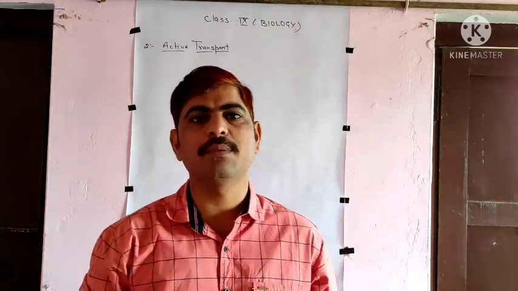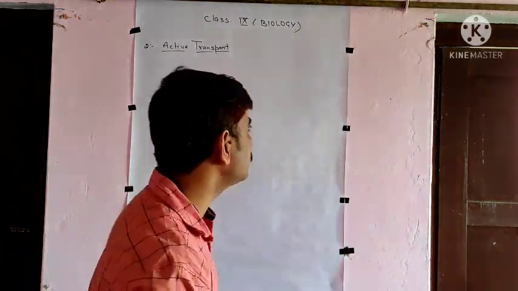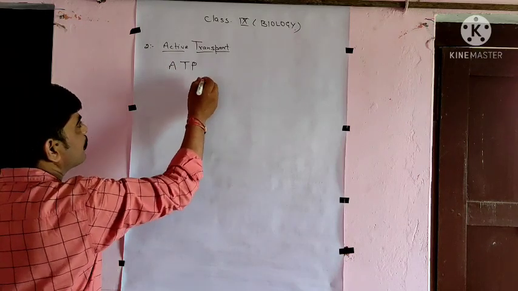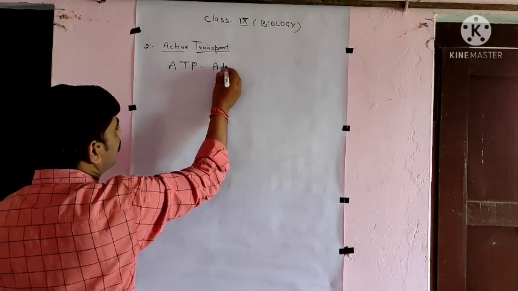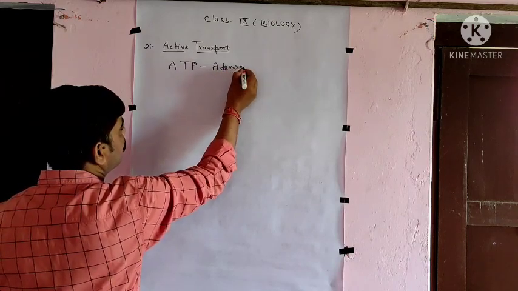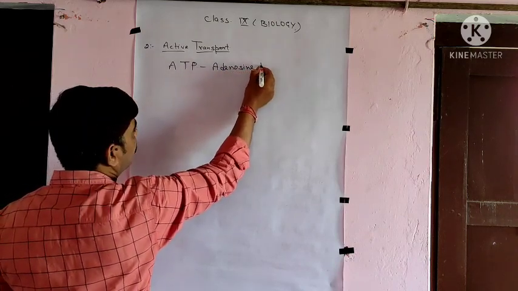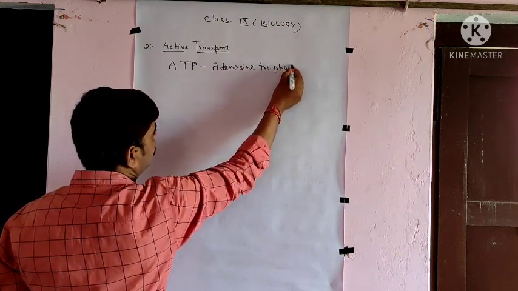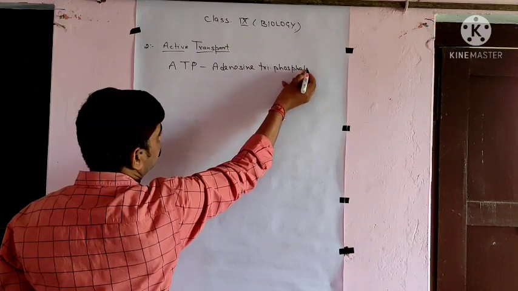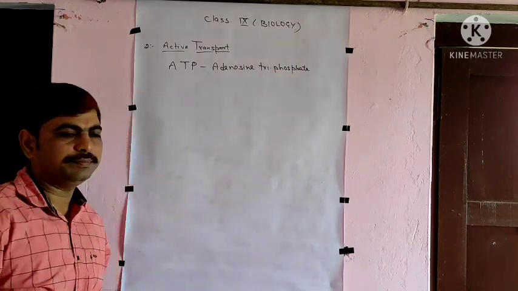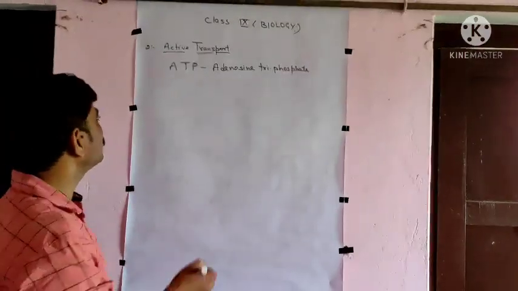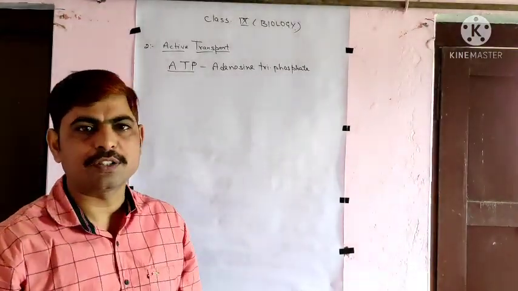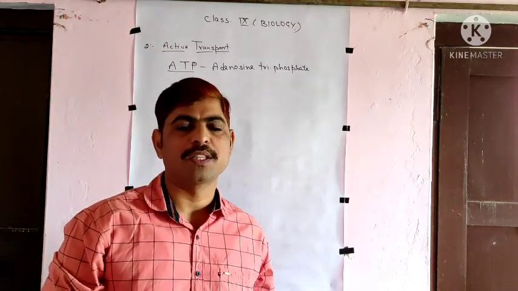The kind of energy available in the cell to use is ATP, adenosine triphosphate. Tri means 3, so 3 phosphates are here. This ATP provides the required energy for the transferring of material across the plasma membrane.